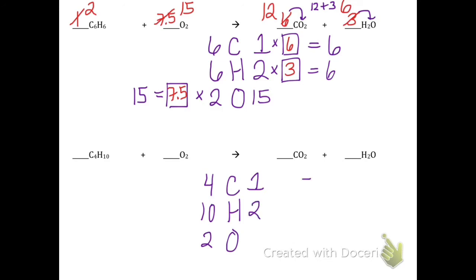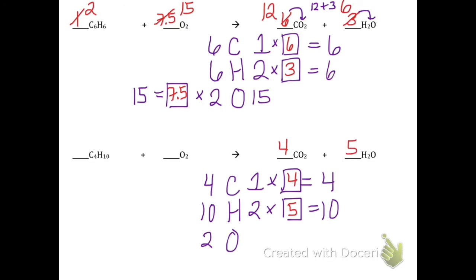All right, I need to get to 4. So I'm going to put a 4 here. I need to get to 10. So I'm going to put a 5 here. 2 times 5 is 10.